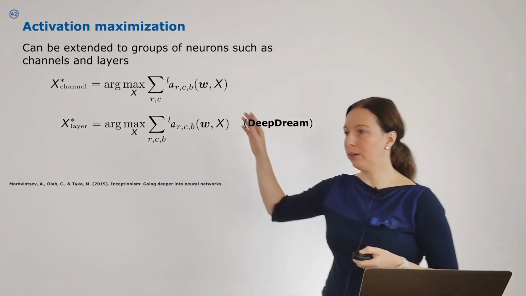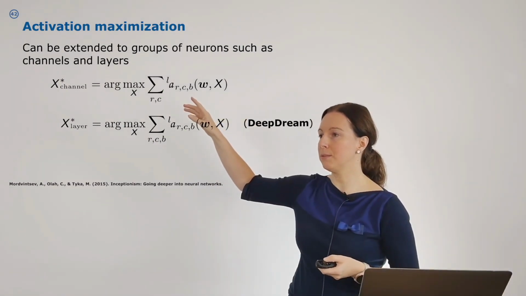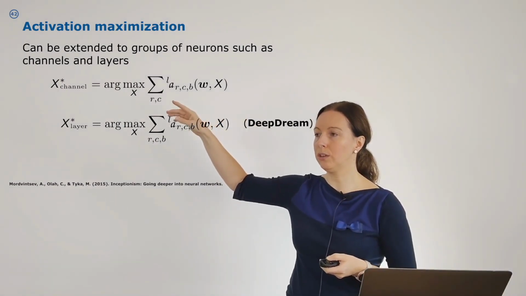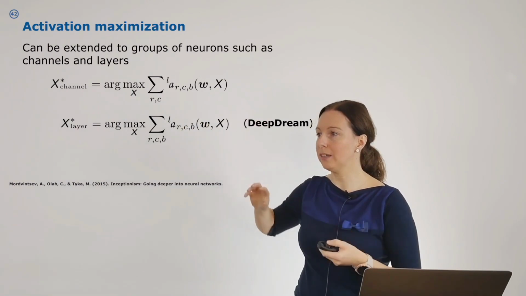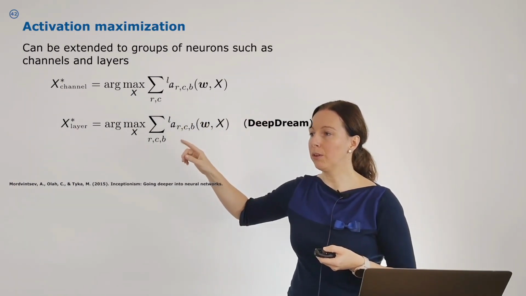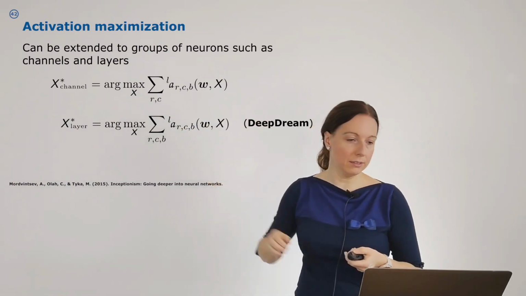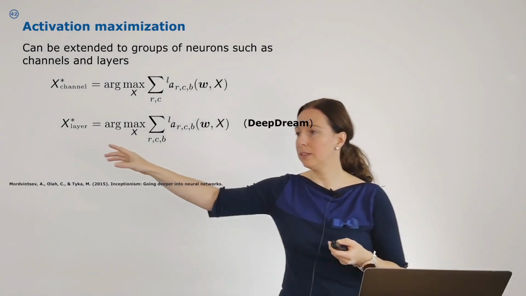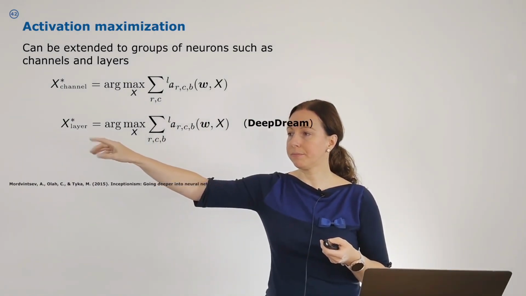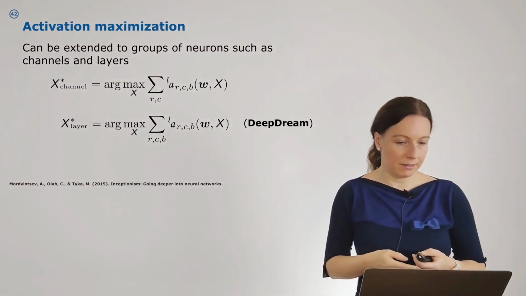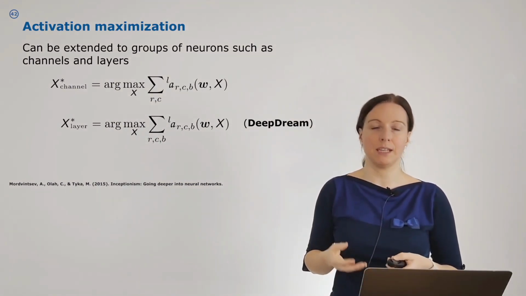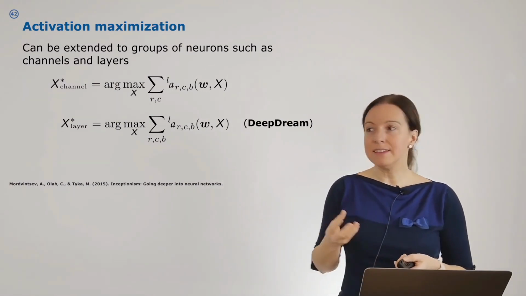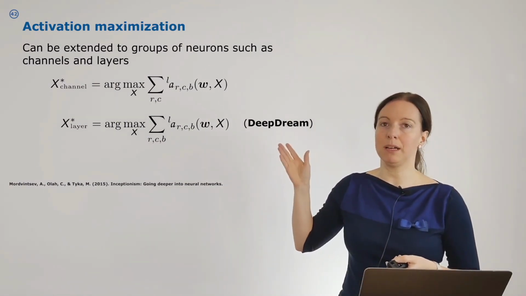For example, you can perform activation maximization over the whole channel, so you need to sum over the row and column in a specific channel. Or you sum over the row, column, and channel, and then you perform activation maximization in a layer, and this is exactly what Deep Dream does.